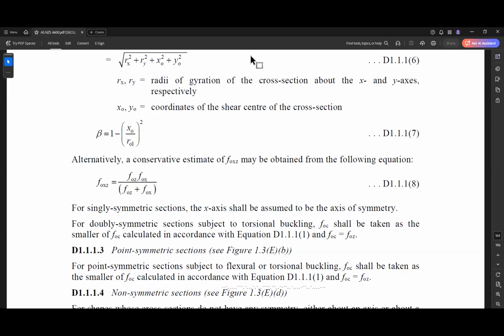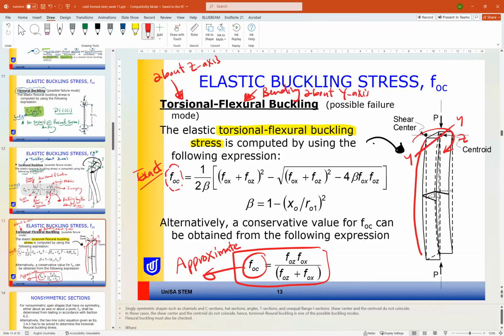Okay, so if we go back to our slide, this clause here is clause D1.1.12, and this clause here is D1.1.18.